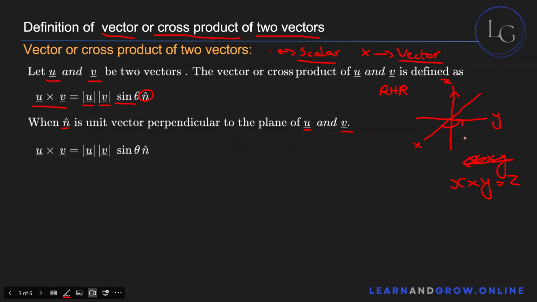However, if it said y cross x, you'll curl your fingers in the direction y towards x, and the thumb that is pointing out will point towards the negative z-axis, which means that will give you negative z.